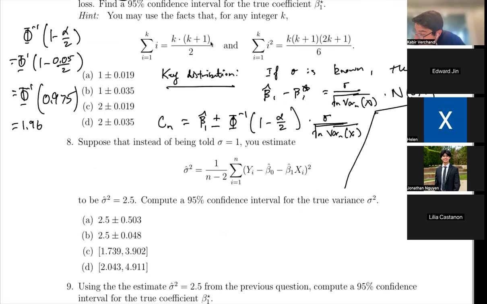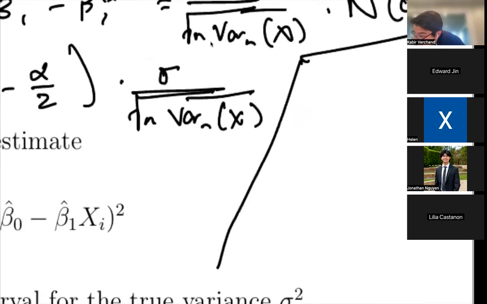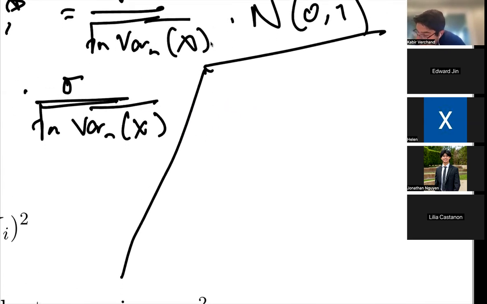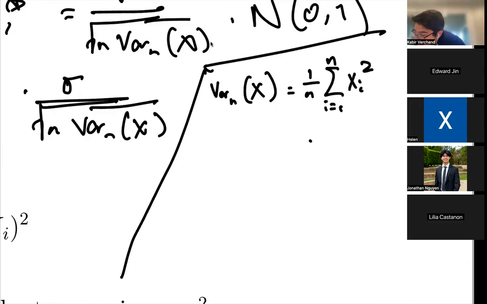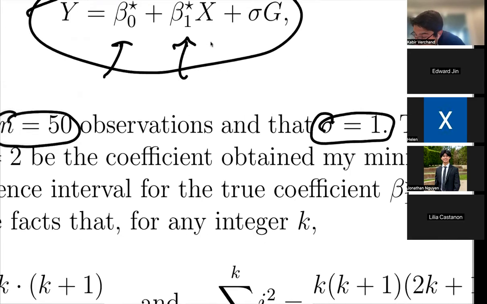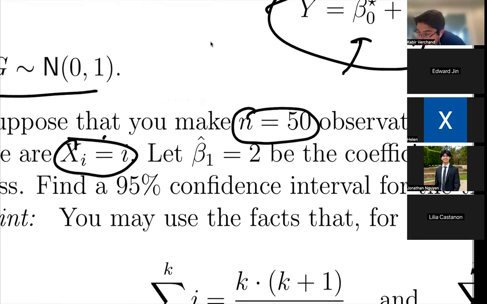In order to do that, I'm going to zoom in here. The empirical variance is equal, by definition, to this quantity. Now we know what our design points x_i are: each x_i is equal to i.